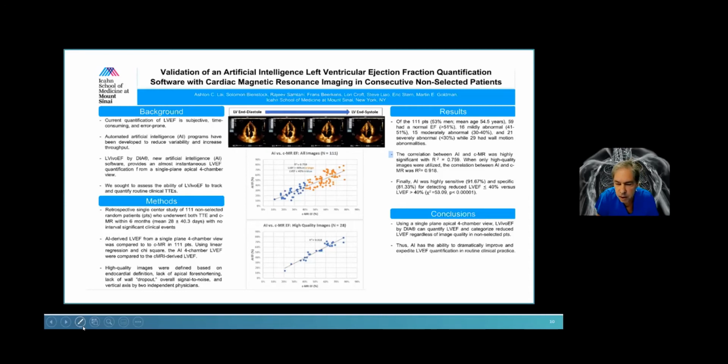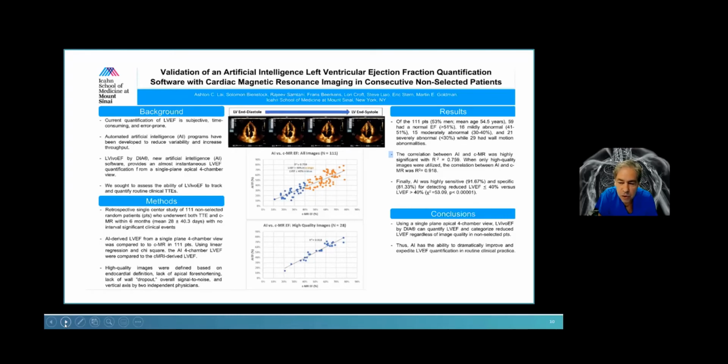And though it was documented by comparing it to multiple sonographers' ejection fraction, the gold standard in cardiology is cardiac MRI. So we took 111 patients who had varying ejection fractions, varying left ventricular function, and compared it to CMR in a blinded fashion.